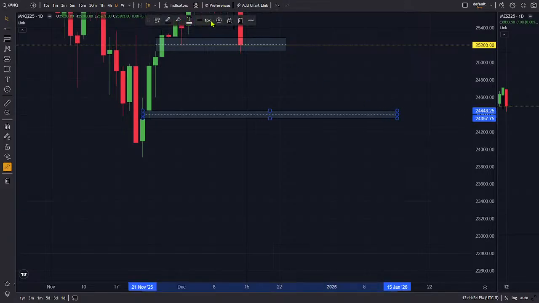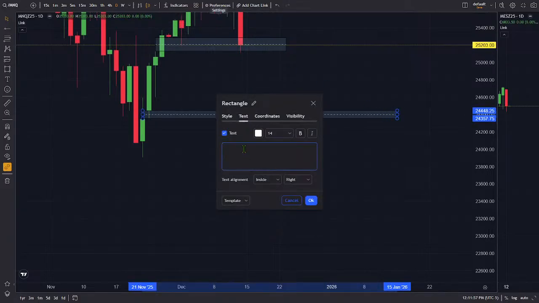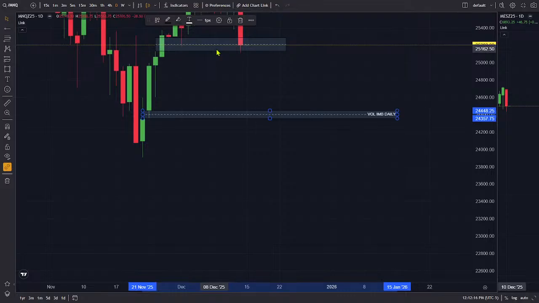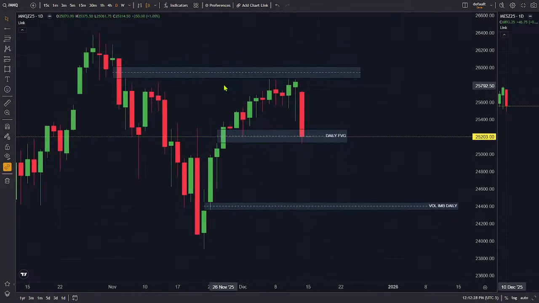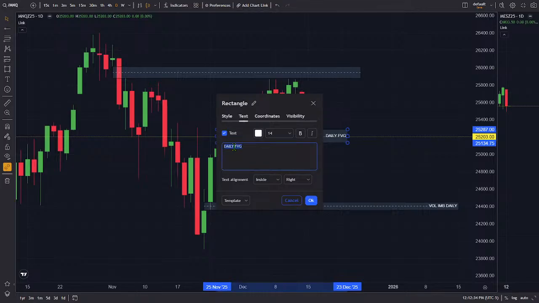Let's just put, it's actually a new day opening gap, but I'm just going to put volume imbalance on the daily. Okay, I just fat fingered something there. Volume imbalance daily, and then this one we'll label it as daily FVG. And this would be daily FVG to the positive, so we'll just put a plus sign there.